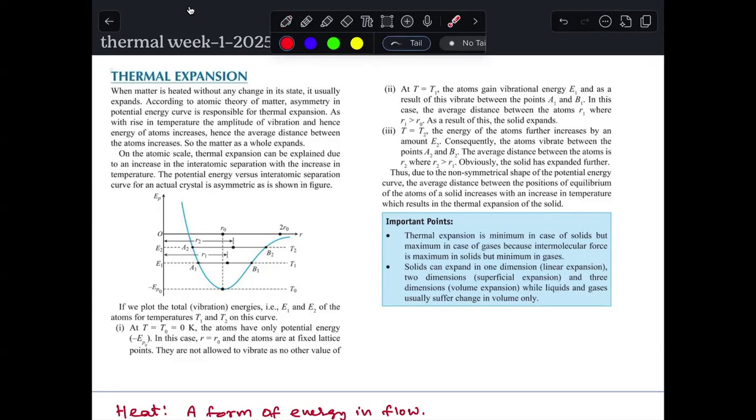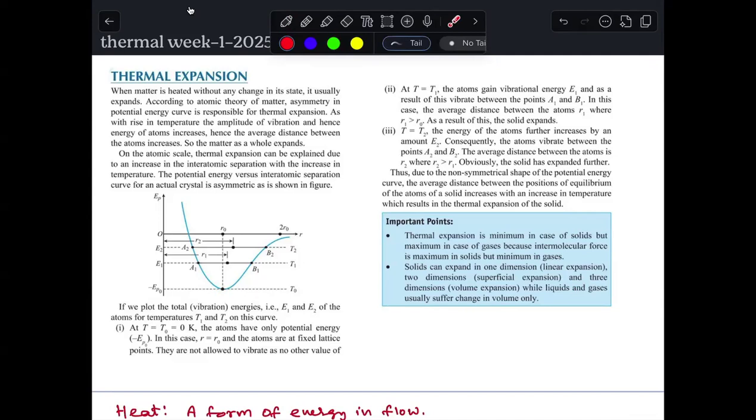That is the potential energy of the system at 0 Kelvin, for example, where almost the motion stops, the motion ceases. Now you gradually heat it. T1 stands for a temperature, T2 a next higher temperature, T3 the next higher temperature.